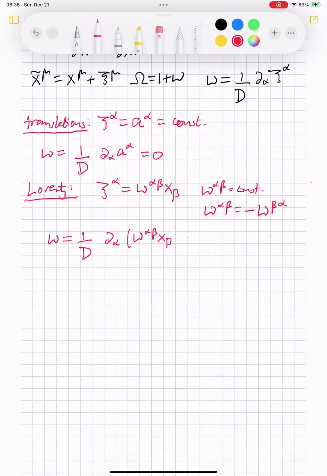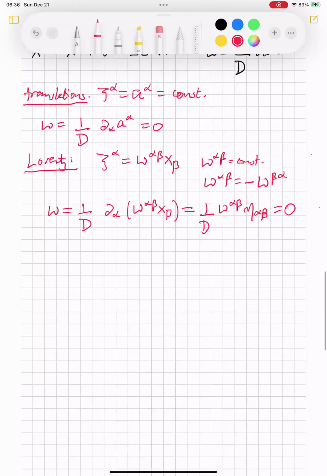Because omega is a constant, the derivative only acts on the x beta, and it will produce for us the Minkowski metric. And this is calculating just the trace of omega, but omega is antisymmetric. So this vanishes. So what you see is, for both translations and for Lorentz transformations, there is no scaling of the metric. And this makes sense.